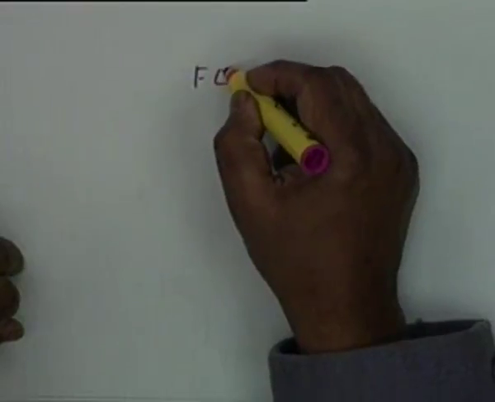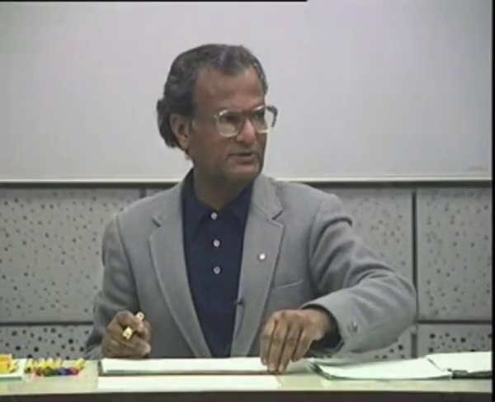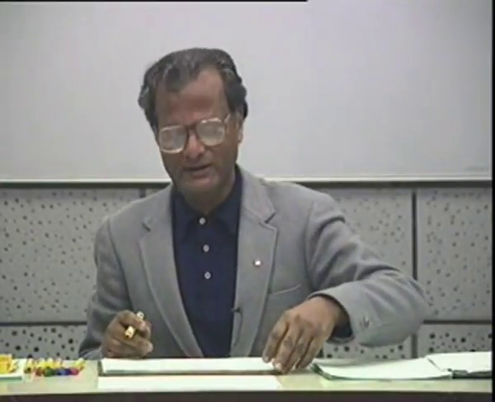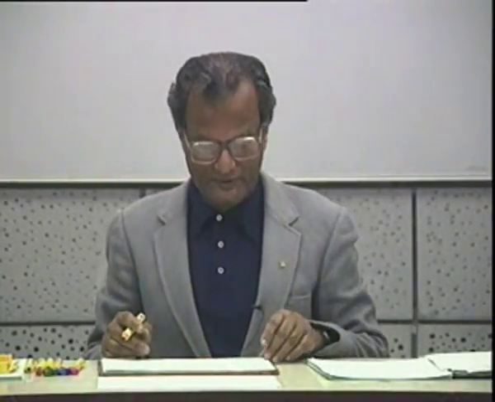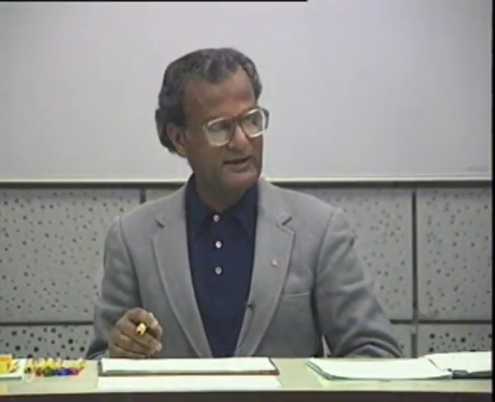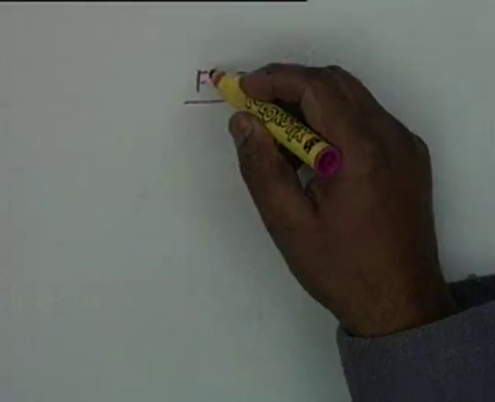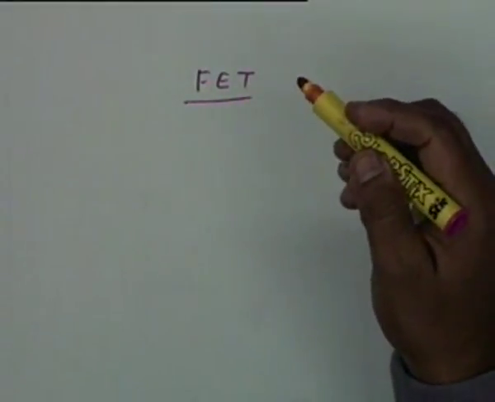FET. I am told that not much of FET has been done in 110. So we would like to look at FET a little more deeply to be able to understand its circuit models and its performance as an amplifier. As you know, F stands for field, E for effect, and T for transistor.